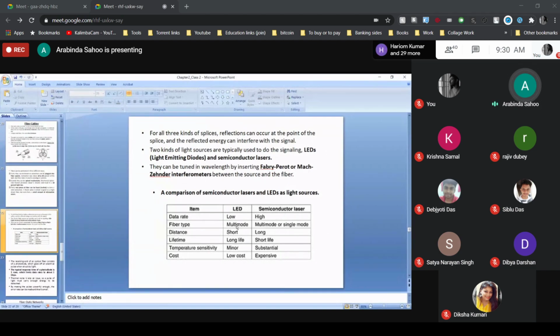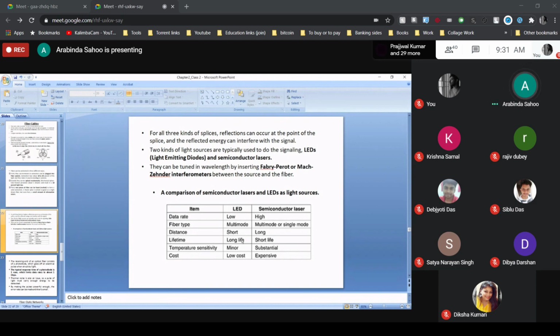But the semiconductor laser can be used in multi-mode as well as single mode fiber.